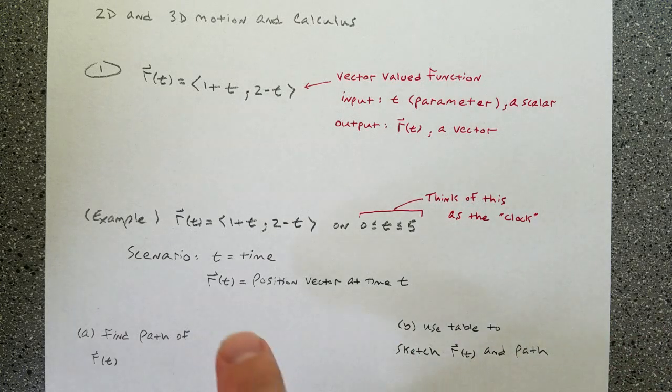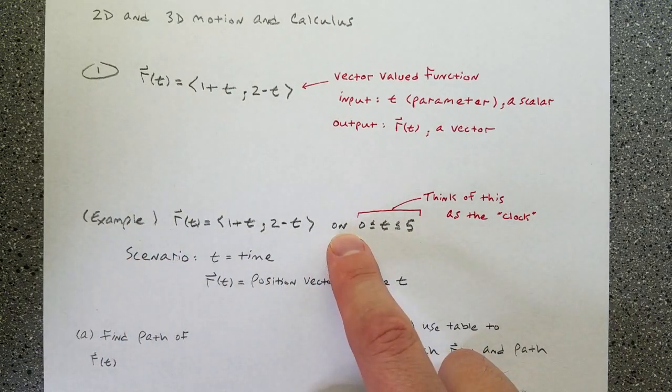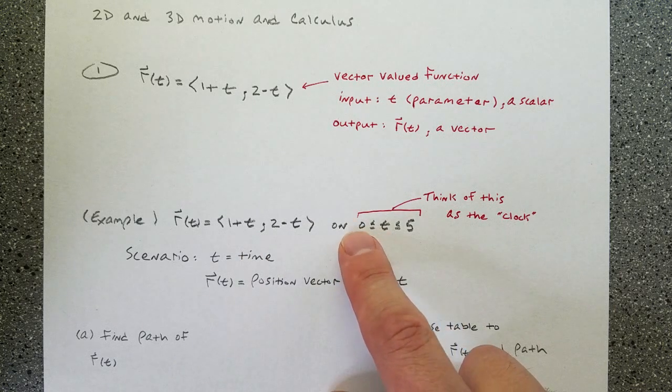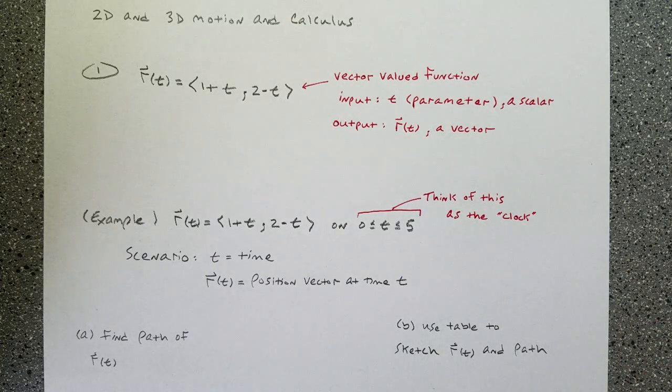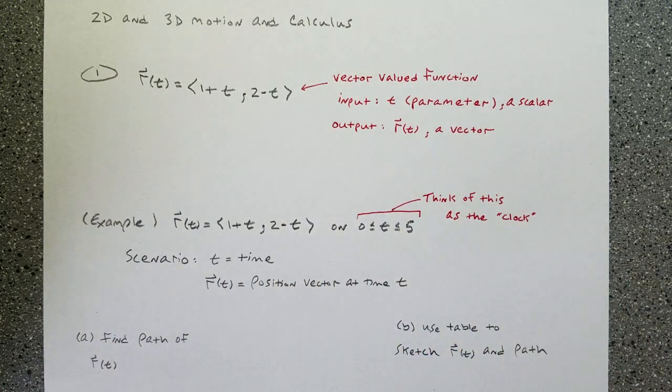The first question on the lesson says that we'll have that on the interval from 0 to 5 for t. You can think of that as the clock. The clock runs, it starts at t is 0, and you get all these increments of time up until t is equal to 5.